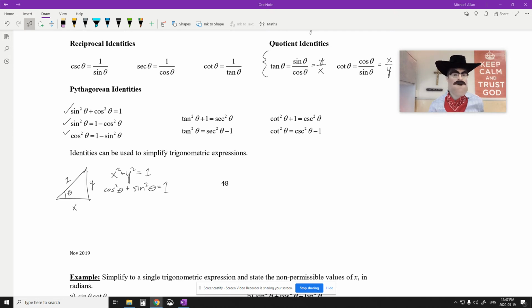Okay, now to show that this works not on the unit circle, because we used the assumption that we're on the unit circle here, we can go the other way, saying, okay, what is x squared plus y squared? If I'm not on the unit circle, it doesn't have to equal 1, it could equal r squared. Now, if I divide both sides by r squared, r squared divided by r squared is 1. So you get the 1 on this side.